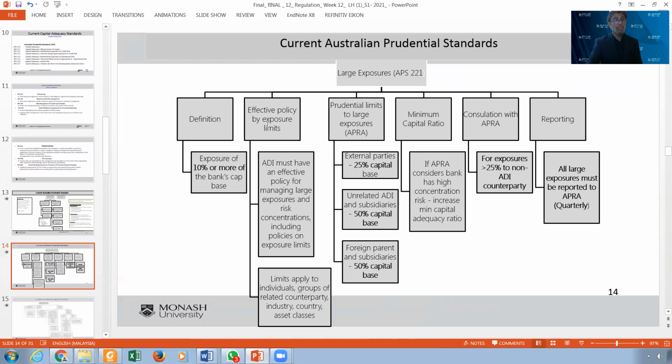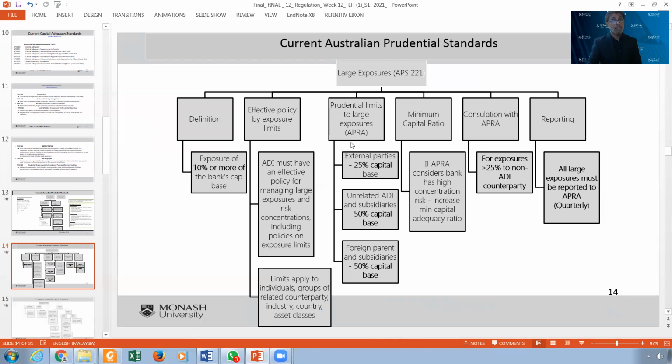Now, you have to have an effective policy on exposure limits, which means you have to see that 10% is actually the maximum you can expose in a single loan. ADIs must have an effective policy for managing large exposures and risk concentration, including policies and exposure limits.